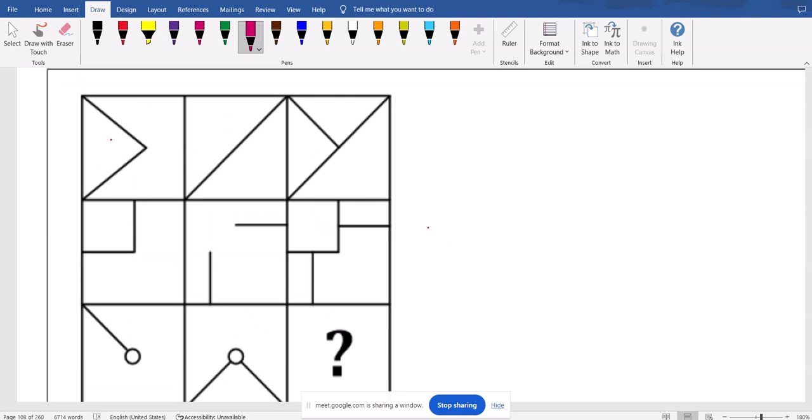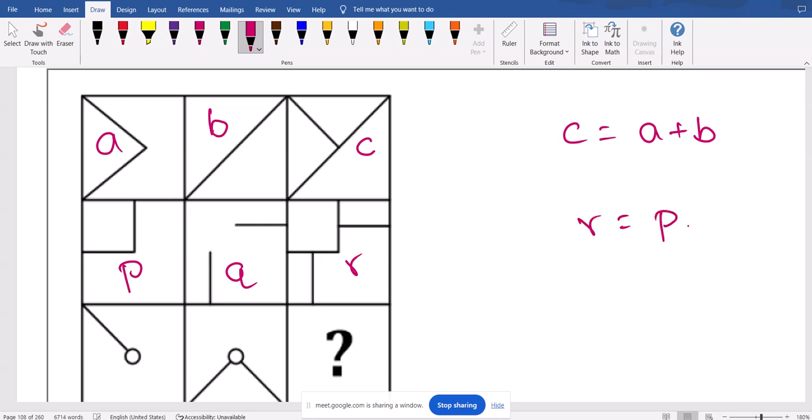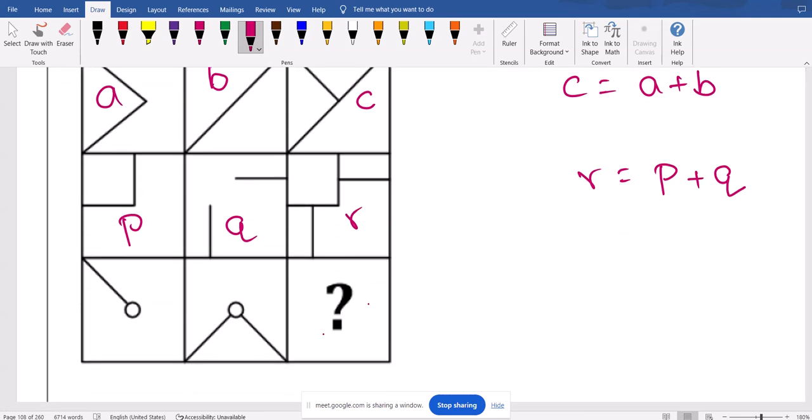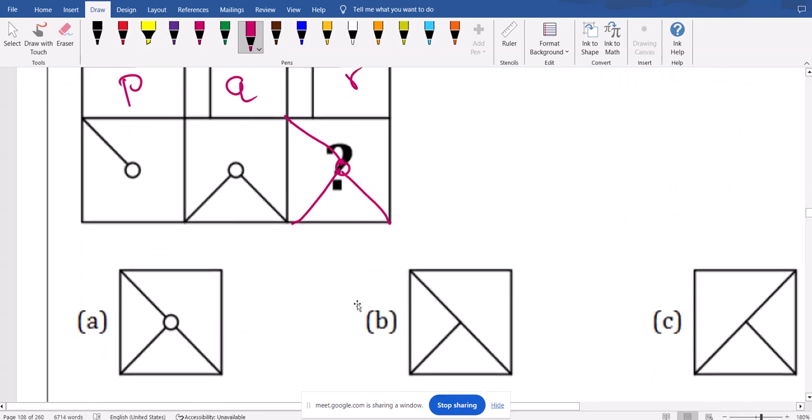If this is A, this is B, this is C diagram, C equals A plus B. Here P, Q, R equals P plus Q. We can see that first diagram plus second diagram addition is your result. Now, this must be there, and as per the first diagram, this must be there. So, this is available in which option? Is A. See, here we are adding both.